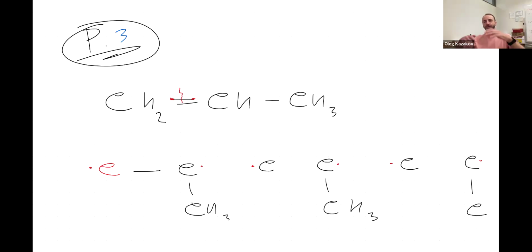The electrons welcome the formation of the bonds between them. And here we go. Let's show the new bonds in blue color or something. That's the new bonds which are formed. Then you connect two molecules, and then you connect other two molecules.